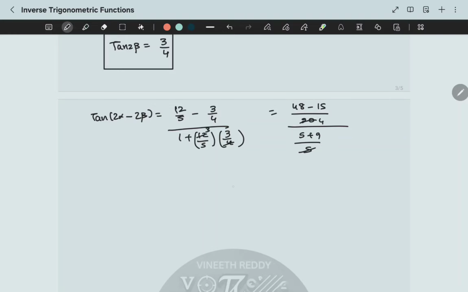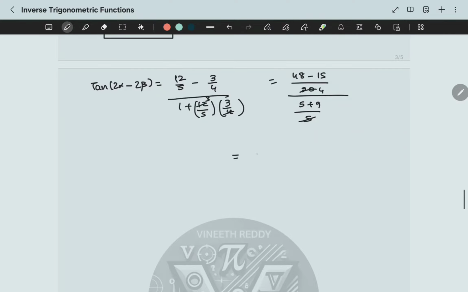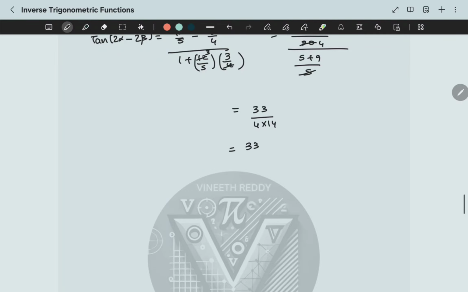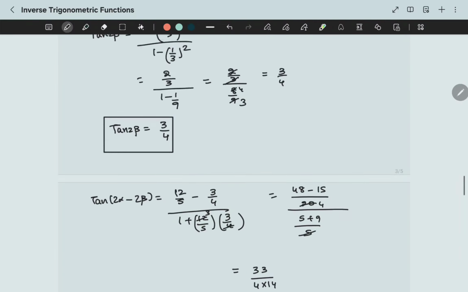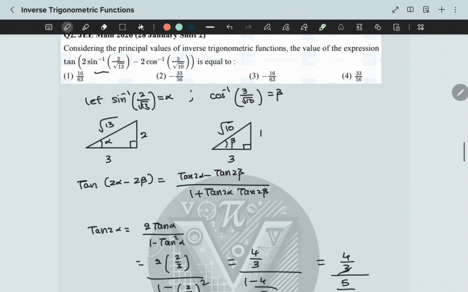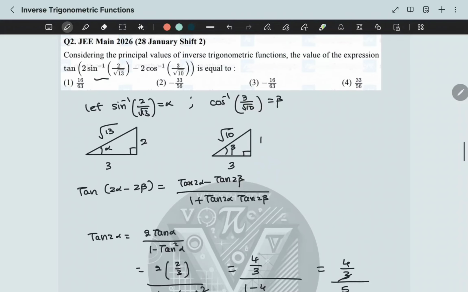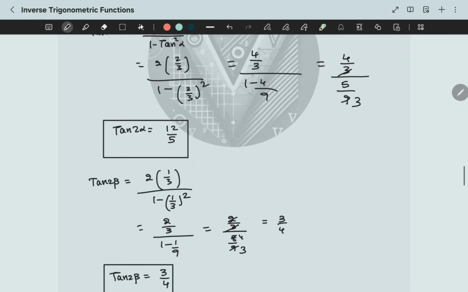Yeah. So we get 48 minus 15, I think it is 33 divided by 4 into 14. So this will be 33 divided by 56. This is a single correct answer type question. I think option 4 is correct. That's it. Very simple question, okay, students.